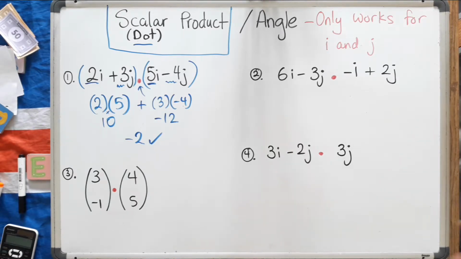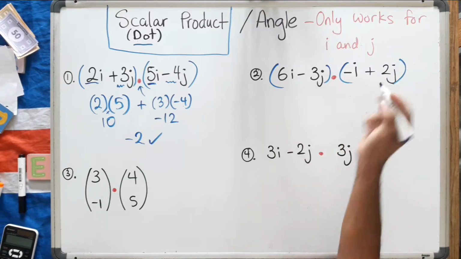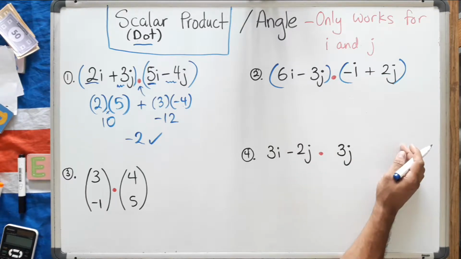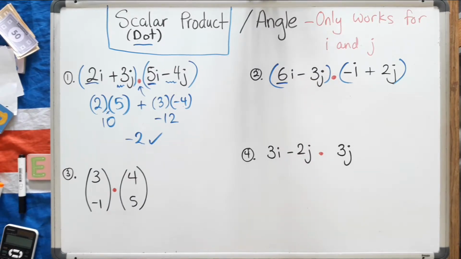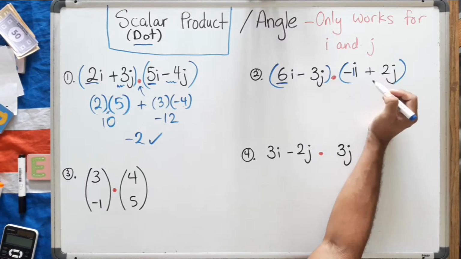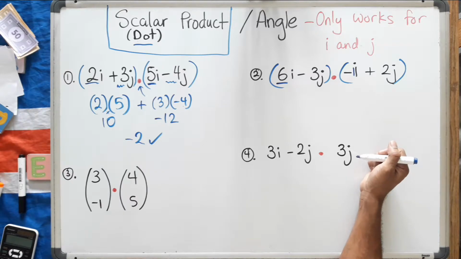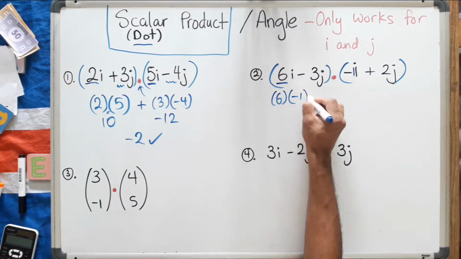Let's try another one. We have two vectors again. I forgot to put the brackets on all of them, but that's okay. We take the numbers touching i. What number is touching i here? 6. What number is touching i here? Well, minus i is the same thing as minus 1i. You just need to put in the 1. So we take the 6 and multiply it by the minus 1.